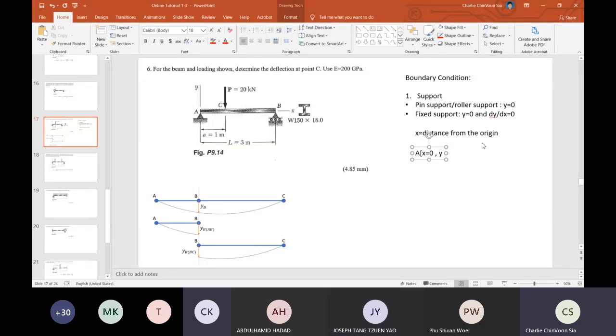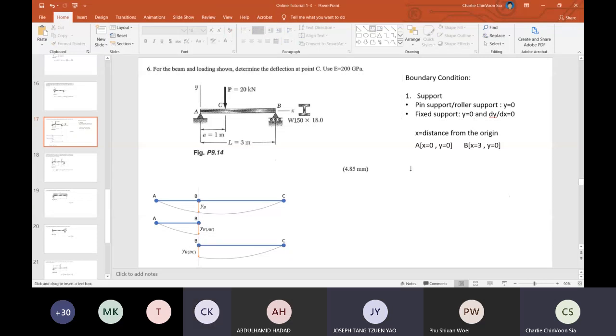The other one is at point B. x is the distance from the origin, so at point B, x equals to 3, y equals to 0. Now we have 2 boundary conditions, and these 2 boundary conditions are at the support.